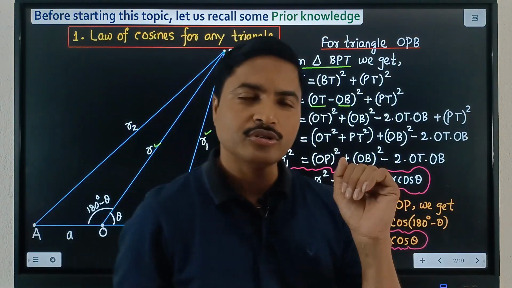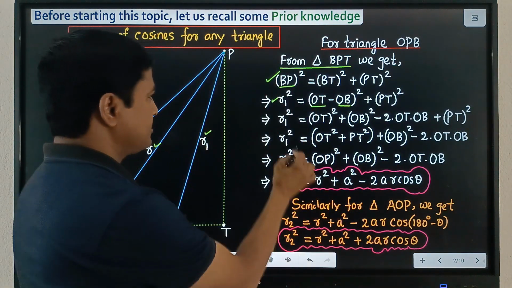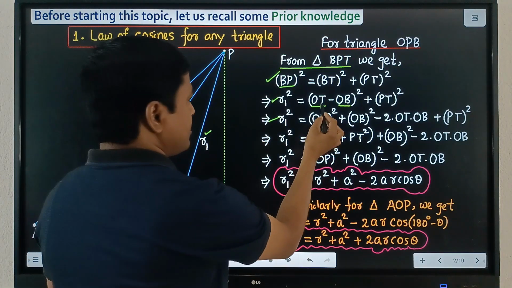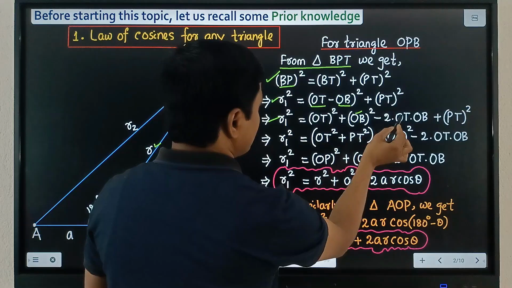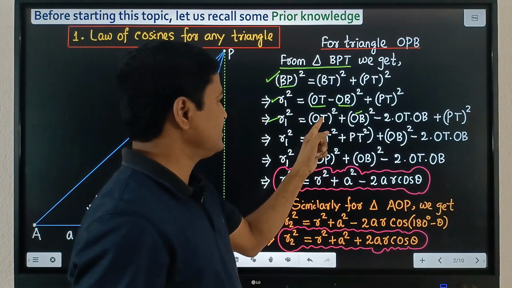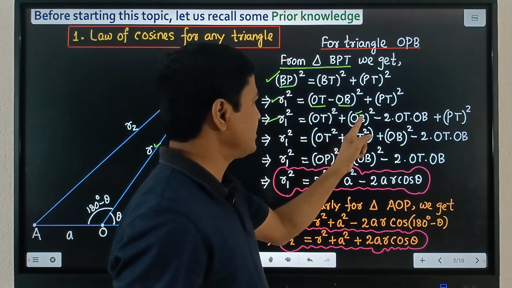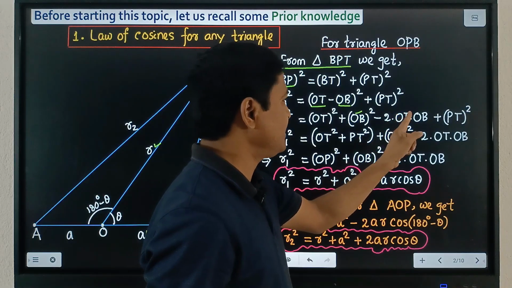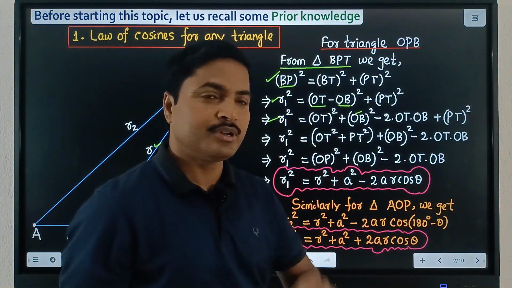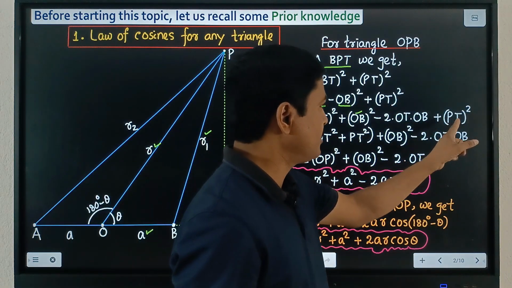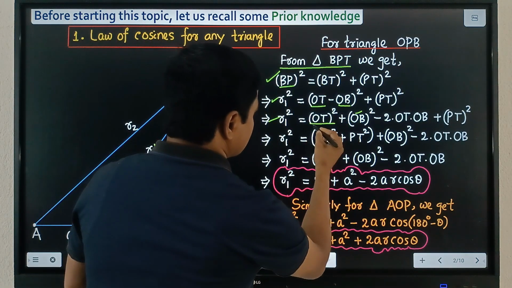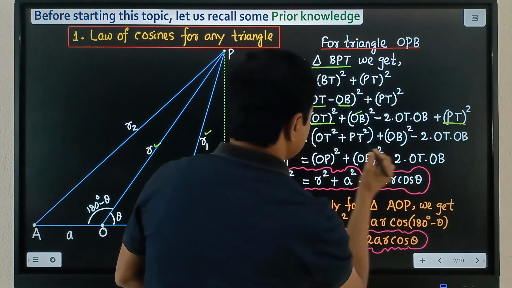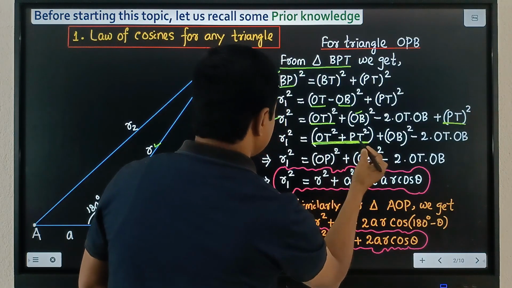You know A minus B whole square is A square plus B square minus twice A into B. So we write R1 square is equal to OT square plus OB square minus 2 OT OB, plus PT square. Here we have OT square and PT square. What is OT square plus PT square?